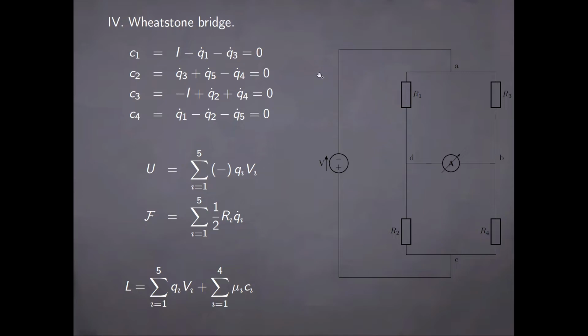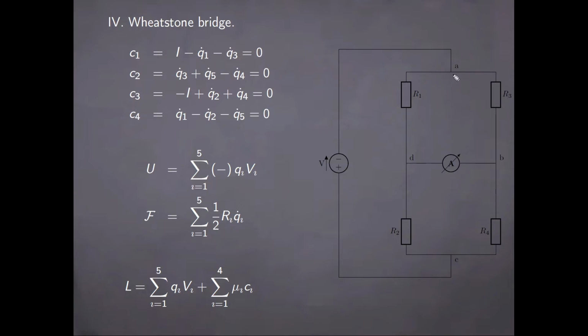Having gone through all these things, we can now discuss the slightly more complex case of a Wheatstone bridge. So this type of circuit consists of a voltage source leading to two branches of the circuit, which are connected through a bridge featuring a current measuring device.